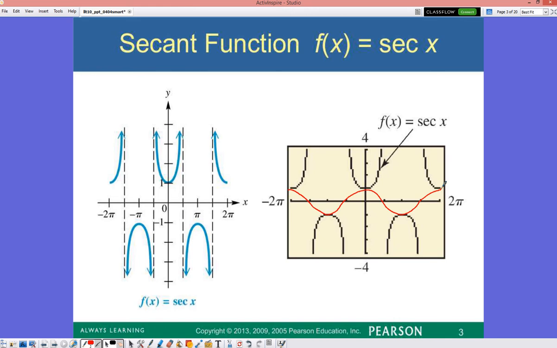Now, every place that this cosine is equal to 0, there's an asymptote. I have an asymptote right here, right here, right here, and right here. I think the best explanation for this is that it is the reciprocal, and if I flip over a wave, this is what's going to happen.